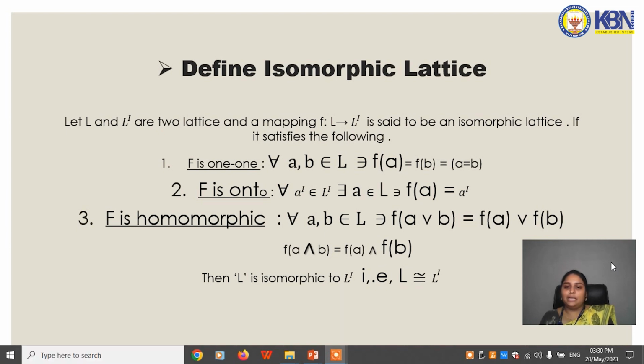The symbol is L is isomorphic to L dash. When a mapping defined between two lattices satisfies the three conditions, then the lattices are said to be isomorphic. By using these definitions, we are going to solve the theorems in this unit.